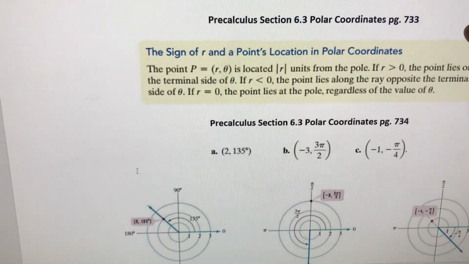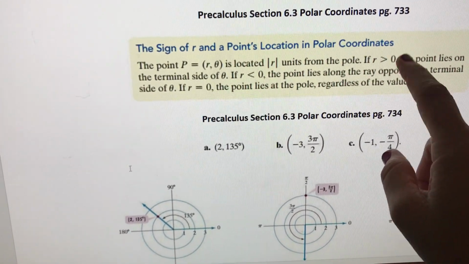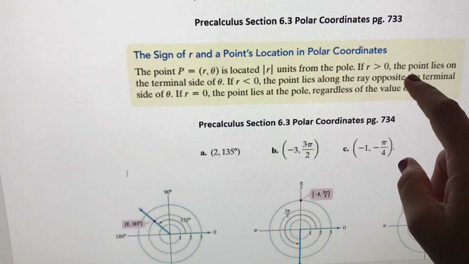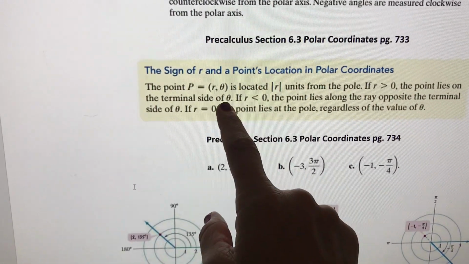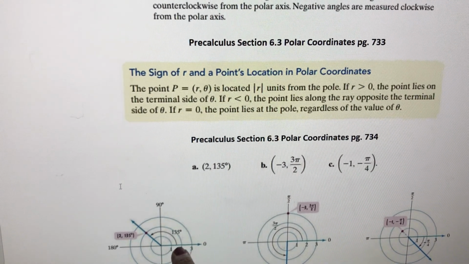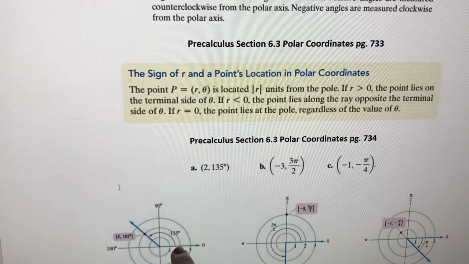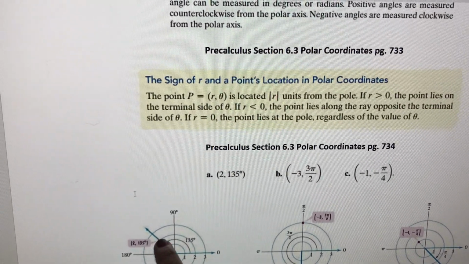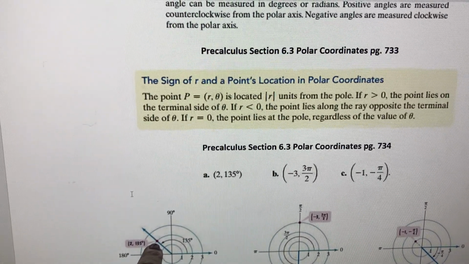But it's kind of where it matters, if R is greater than 0, the point lies on the terminal side of the angle. By example, here R is 2, the angle is 35, that's where the point is lying. That's where that coordinate is.